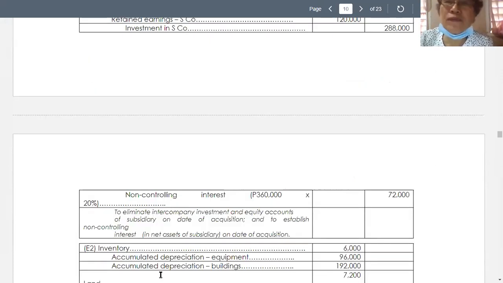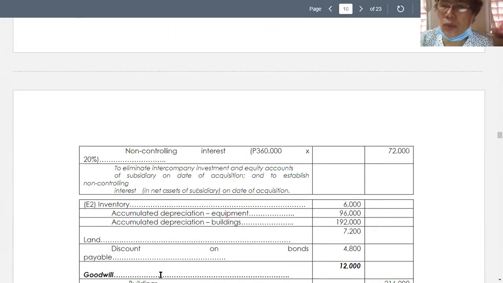So again, for the consolidation entries, we now debit common stock of S company 240,000, retained earnings of S company 120,000, credit investment in S company 288,000, credit non-controlling interest for 72,000.